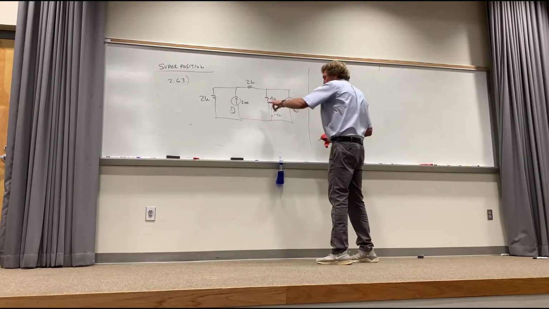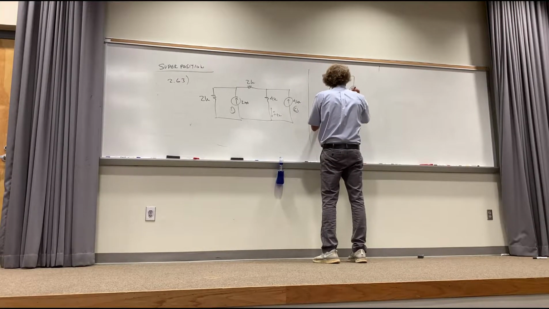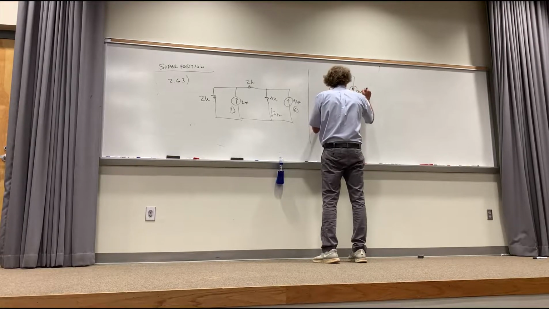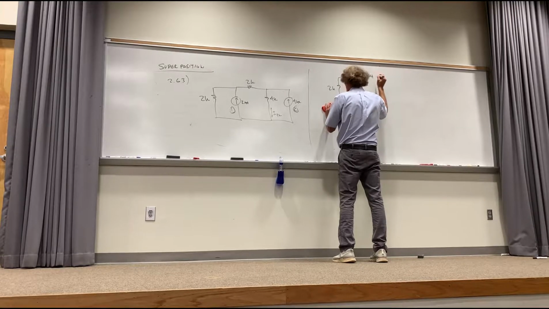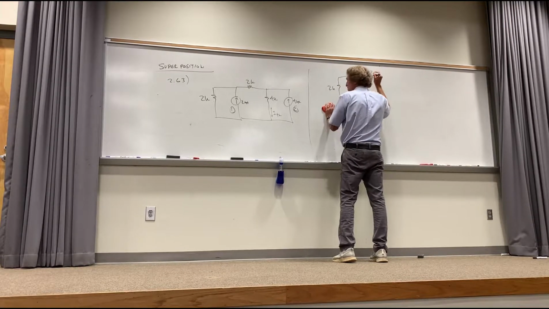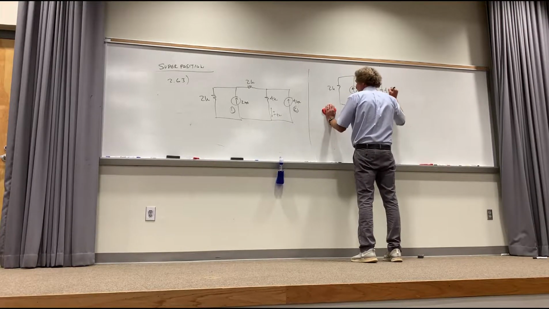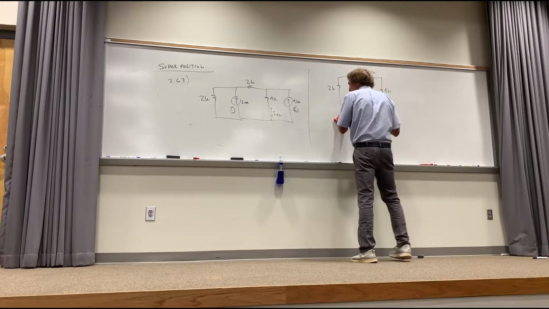Now I'm going to allow that source to stay on. So I'm going to have the 2K here. I'm going to have the source 2 milliamps here. Then that's going to be 2K here. That's 4K. I want this current, this is my output. I'm just going to call it I out for now.